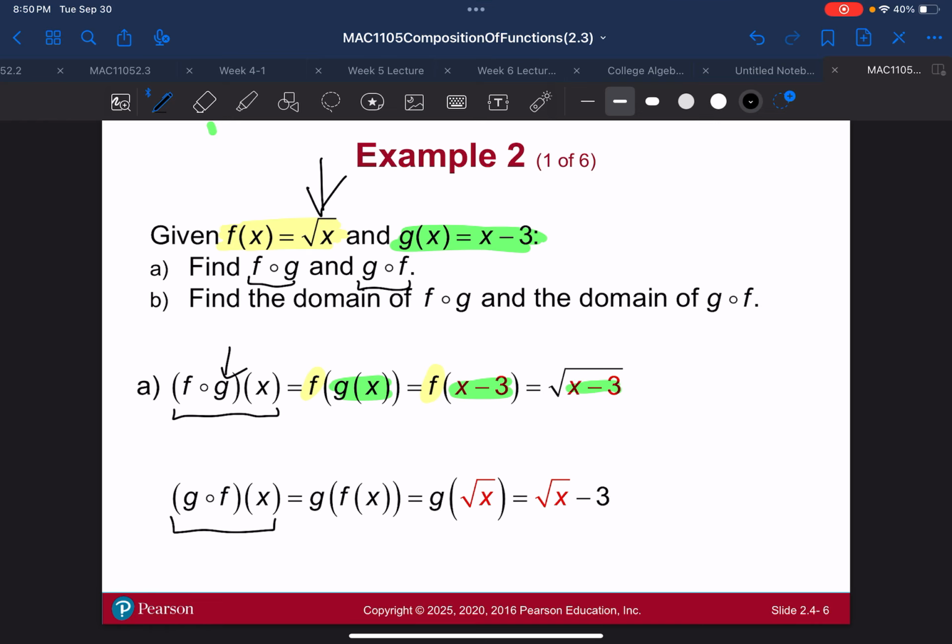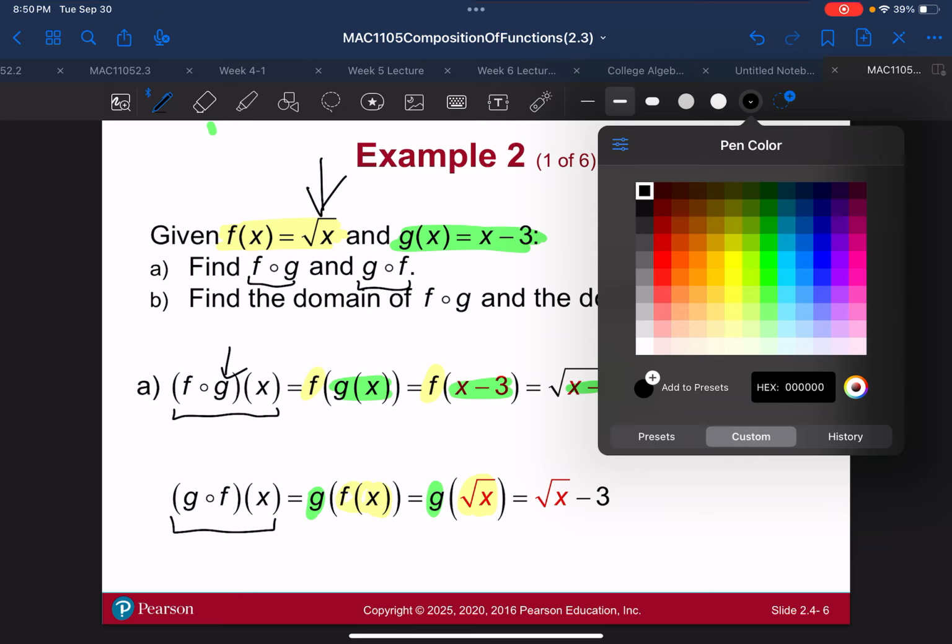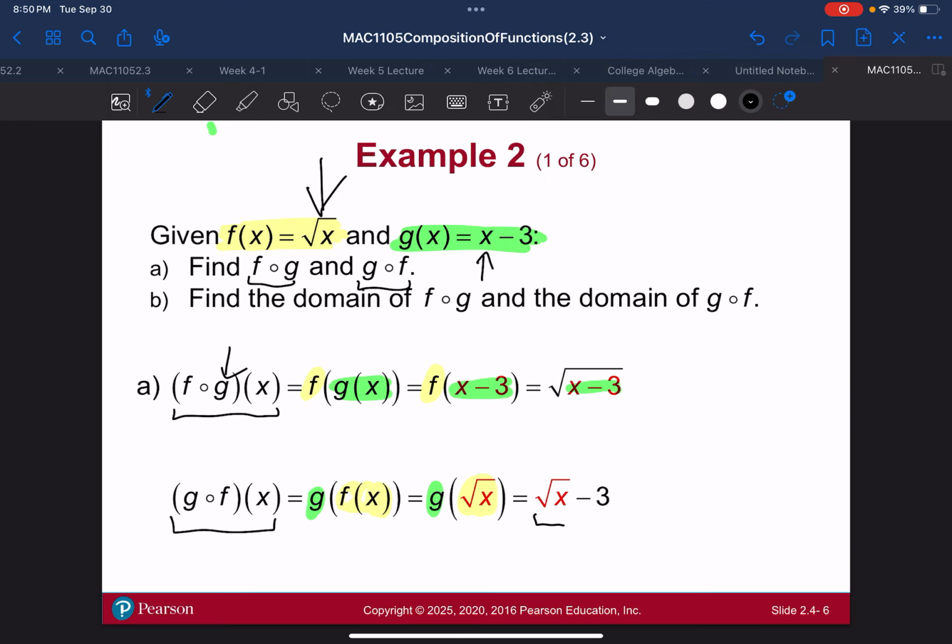So g of f of x is telling me to plug f of x into g everywhere I see an x, and f of x is equal to the square root of x, and g of x is just equal to x minus 3. So instead of x minus 3, I will be plugging in the square root of x into x, and so that'll be the square root of x minus 3. And that is simplified.